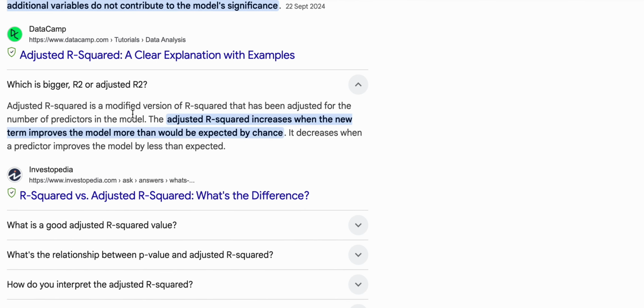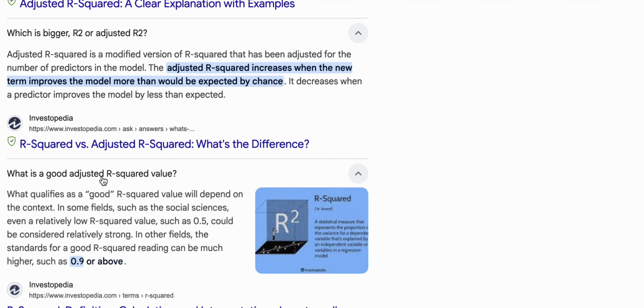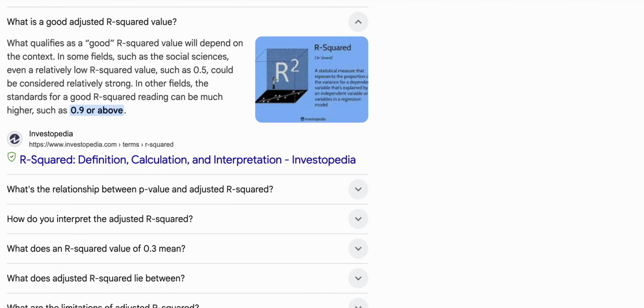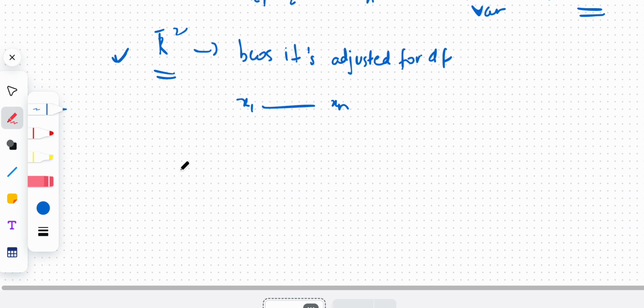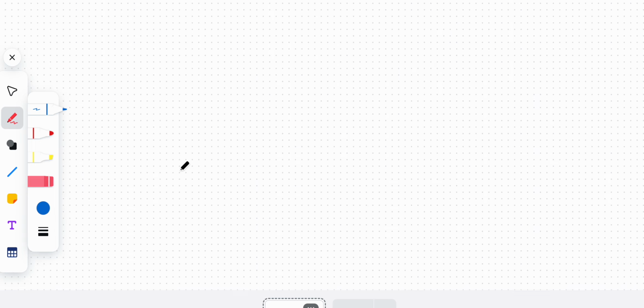So it will only improve when the model improves more than would be expected by chance. That's the difference between my adjusted R square and the ordinary R square.